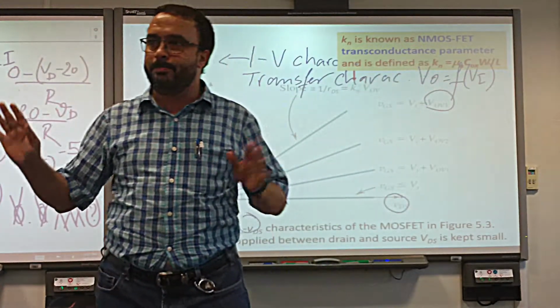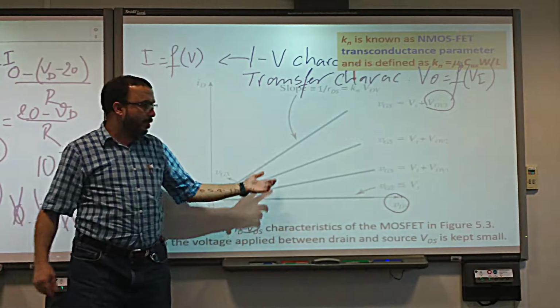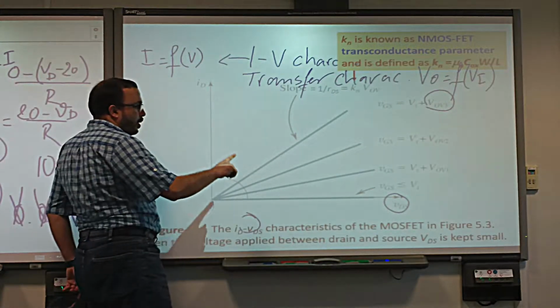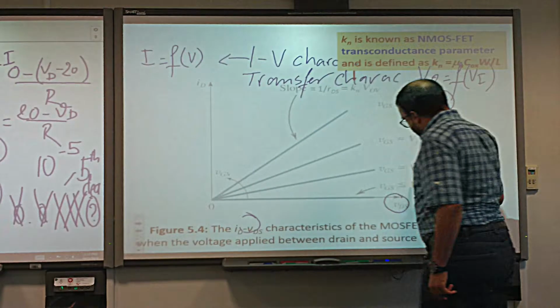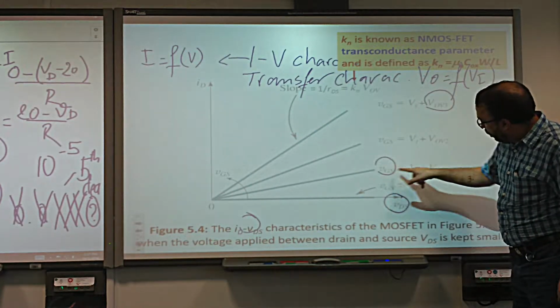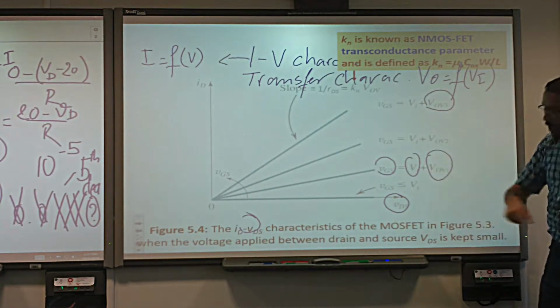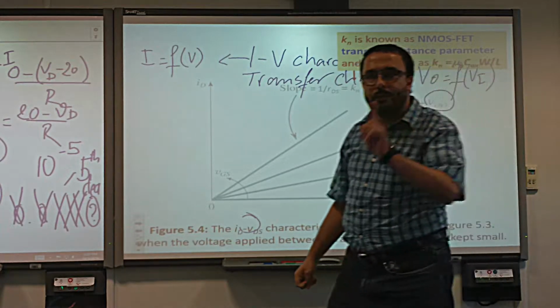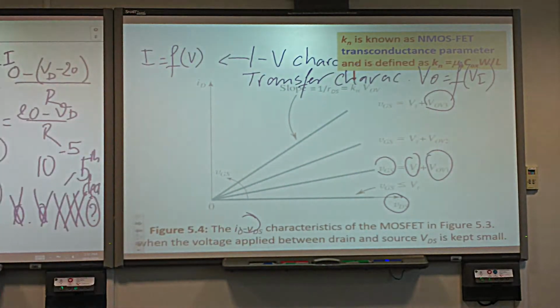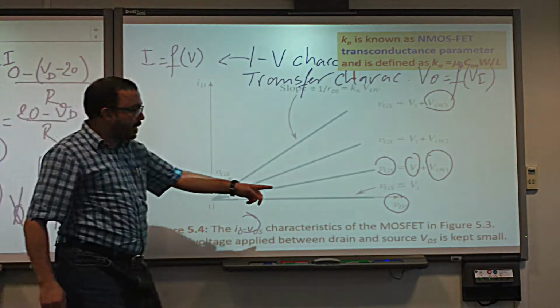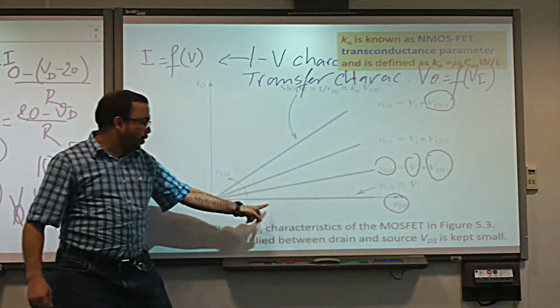There is no current. So a condition to have this current, first and foremost, is that VGS has to be above VT by a certain value that we call V overdrive. If VGS is equal to VT or less than VT, there is no current.